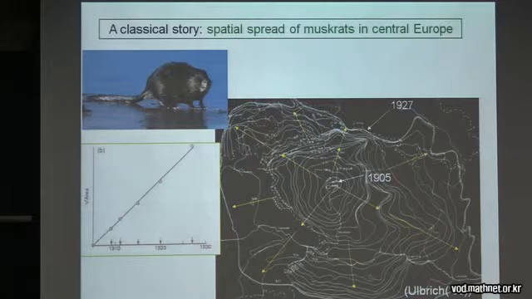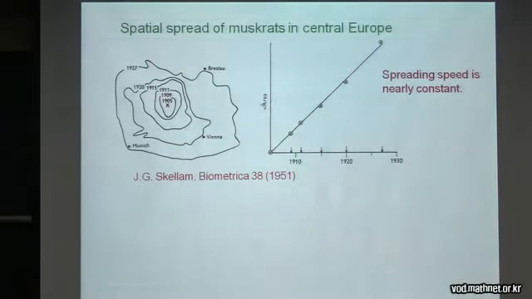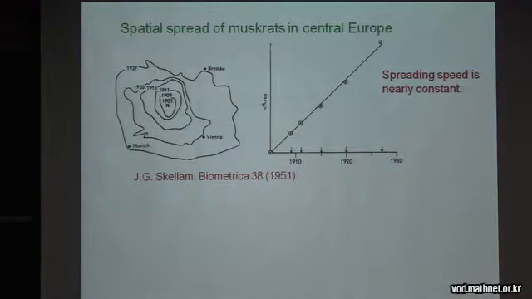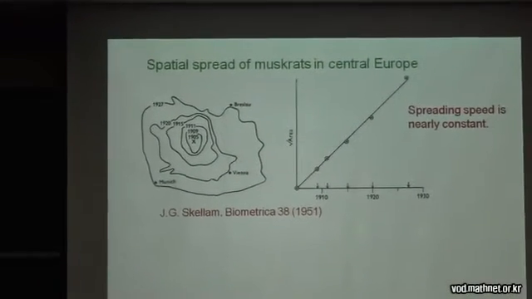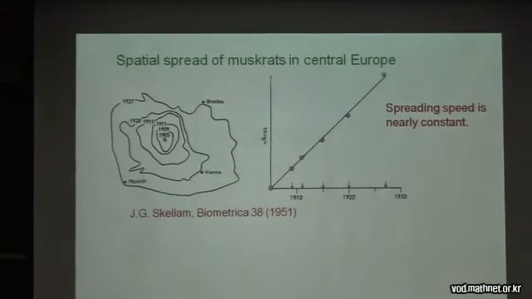And this was studied by Skellam in 1951. So this is the same picture, more or less, and here is Vienna, and this is Munich. So why do you have this kind of straight line?